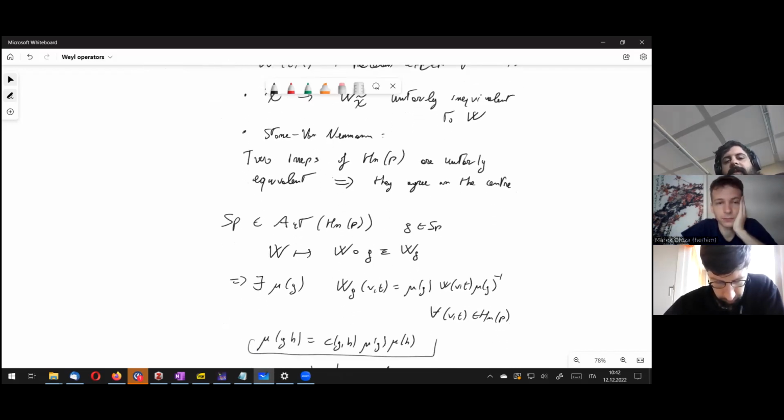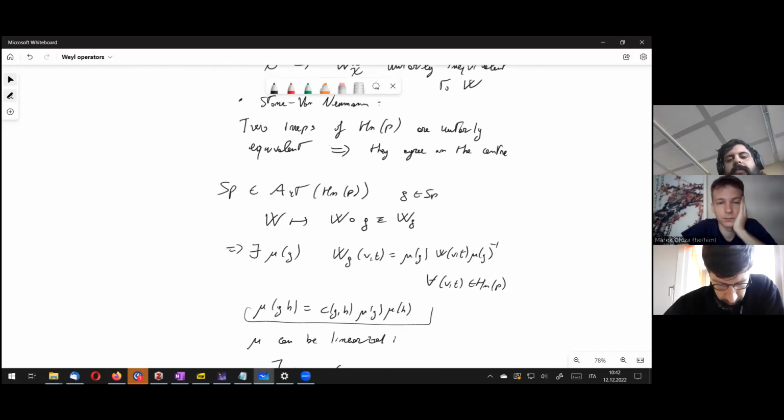And by the Stone-von Neumann theorem, we saw how symplectic maps act on these representations. Since they preserve the center, we have this relation here. So we have two representations that by the Stone-von Neumann theorem are unitarily equivalent, so there must exist a unitary operator that conjugates between them.